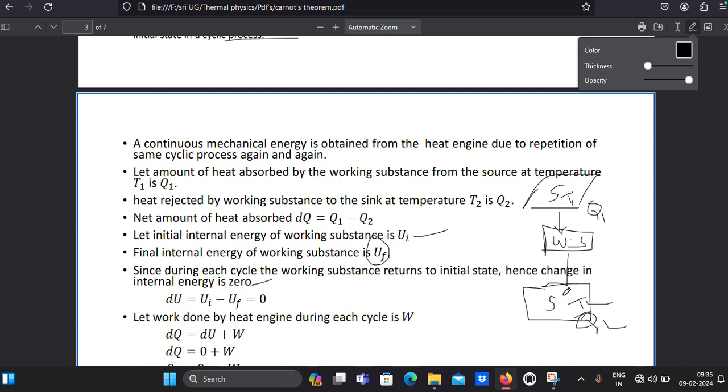Now again it takes, in reverse direction, some certain amount of heat energy and gives the same amount of heat energy to the source. That means this process takes place continuously. From whichever state it starts, it reaches the same state again. So that is why no change in internal energy will occur. The difference of internal energy is zero. No change means zero.